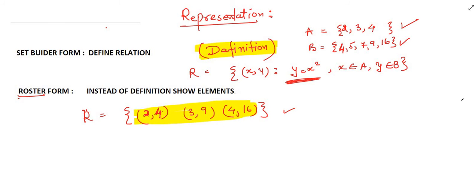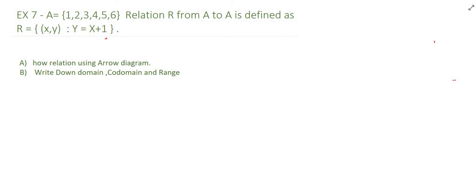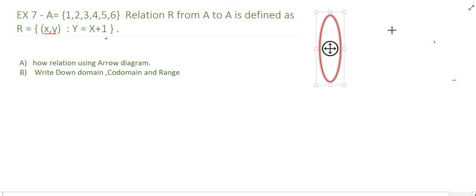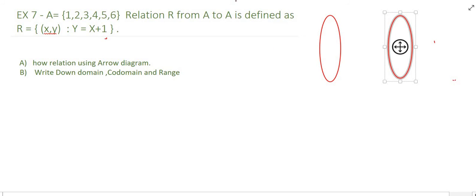Now let's try the first question to understand it better. Here is the question: set A is given, and a relation is built from A to A. From A to A means both x and y are taken from A itself. Suppose you have this set A mapped on A. The elements that you can pick are 1, 2, 3, 4, 5 and 6, and here also 1, 2, 3, 4, 5 and 6.